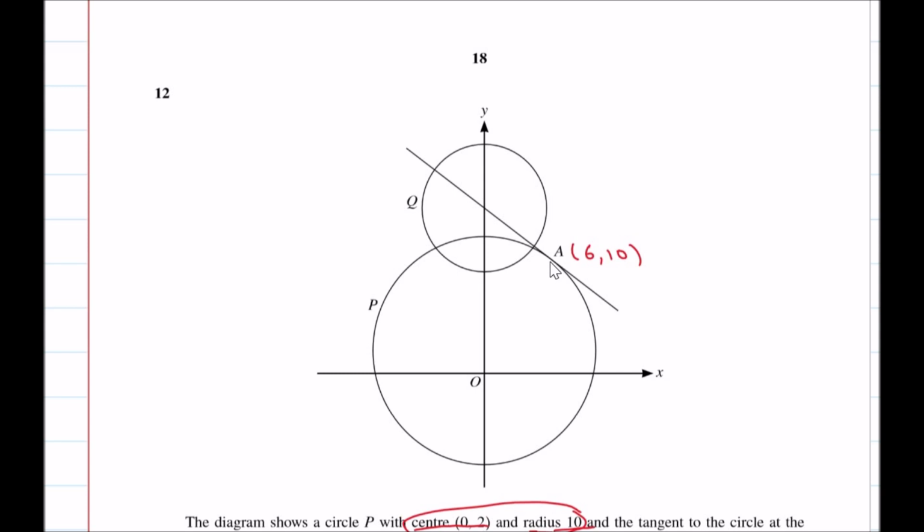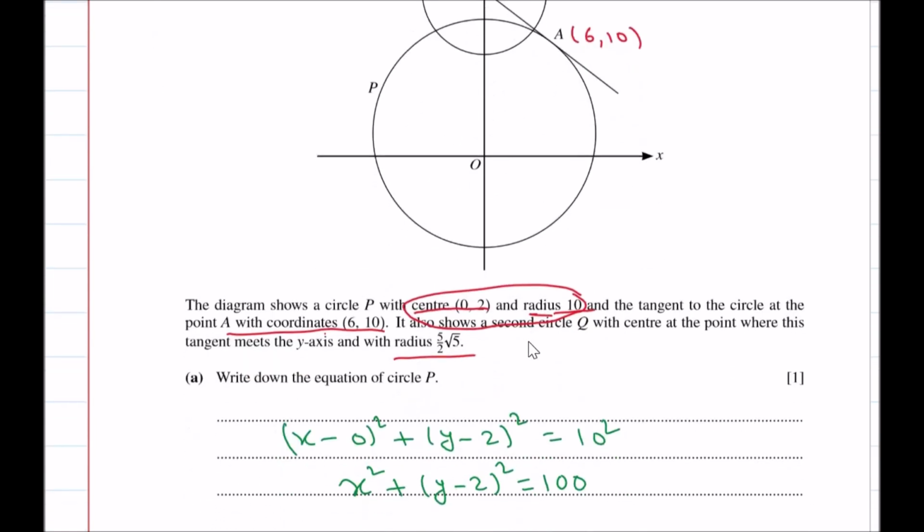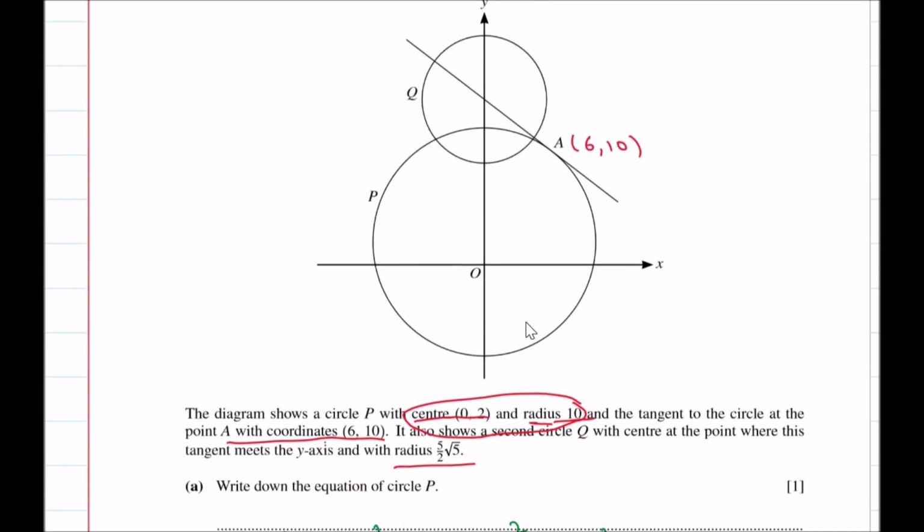So to find the gradient, what we can do? Let us see. Center for circle P is 0, 2. So let me show this in the diagram. So suppose 0, 2 is here. This is the center. So let us join this with the tangent at point A.